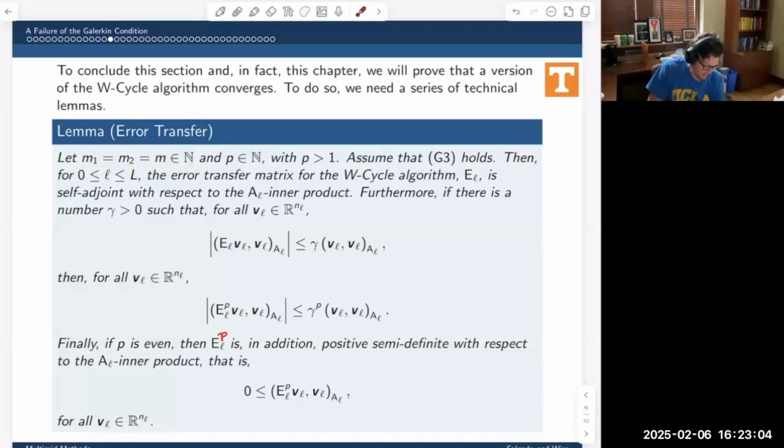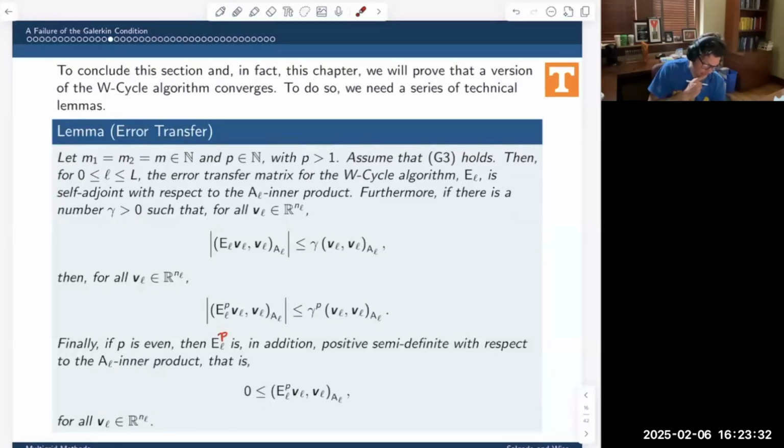If P is even, then you can go a little bit further. We can show, in addition to this result, that ELP is a symmetric or self-adjoint positive definite operator in the AL inner product. What we always know is that if it's symmetric, then EL is self-adjoint.